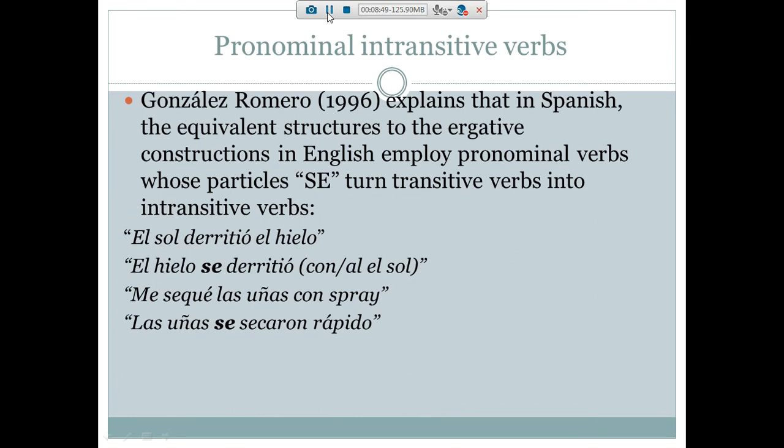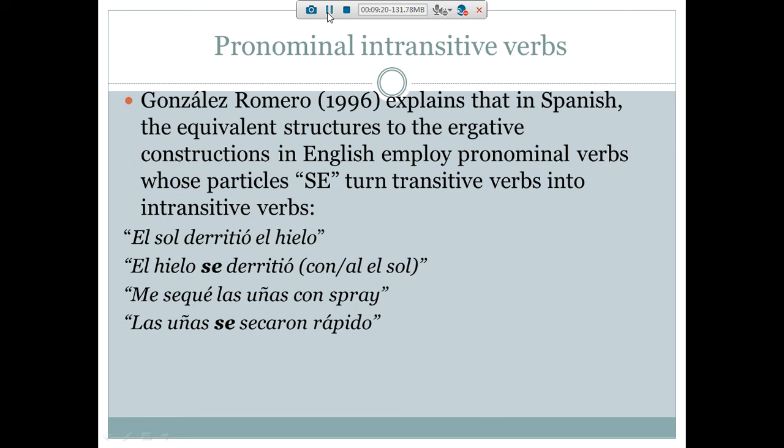González Romero, en su artículo Construcciones medias en inglés y en español, explains that in Spanish, the equivalent structures to the ergative constructions in English employ or usually employ pronominal verbs whose particles se turn transitive verbs into intransitive verbs. This is what we have already studied as casos de se intransitivizador.